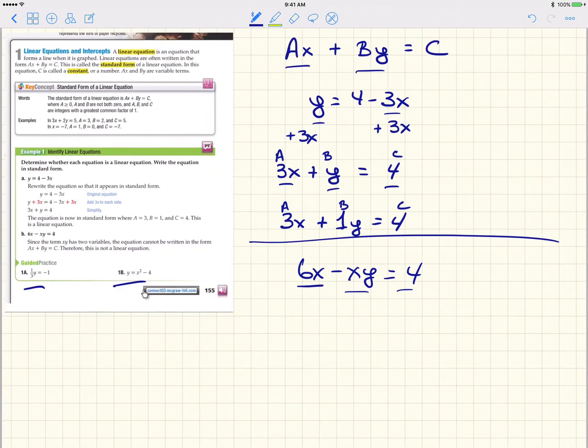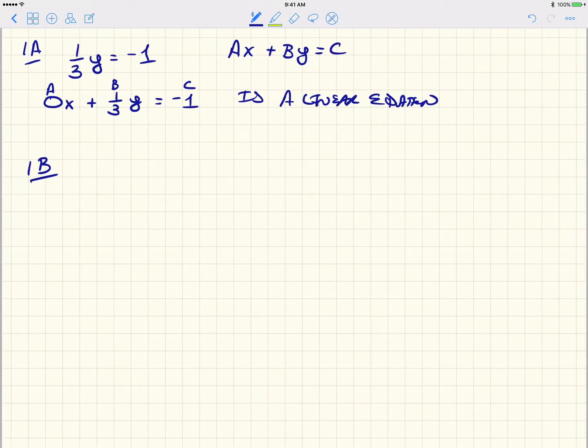Well, 1B is y equals x squared minus 4. Is this a linear equation? And the answer here is no. I could subtract x squared from this side and subtract x squared from this side, and come up with the equation negative x squared plus y equals -4, but this is not a linear equation because I have an exponent on the x.